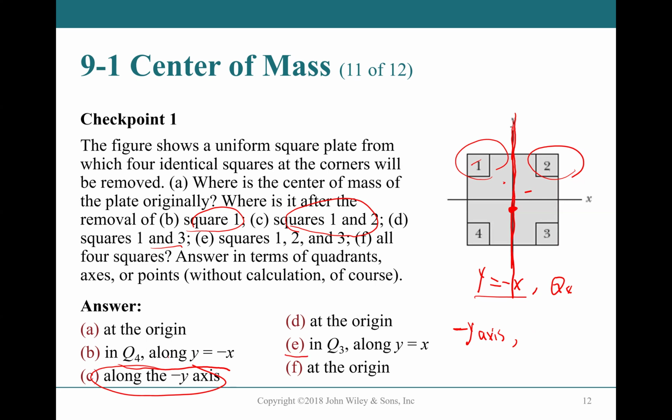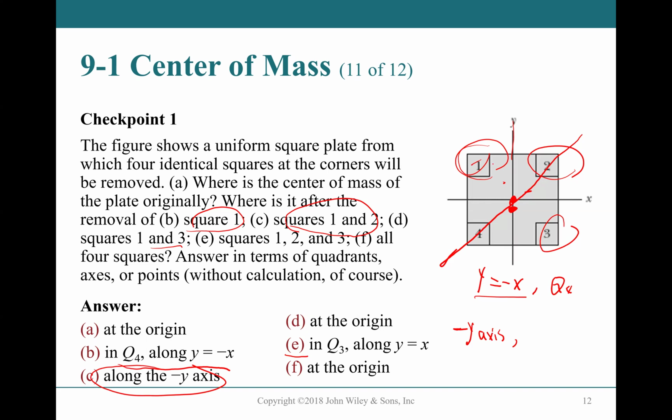E is very similar to B, and for D, you are removing 1 and 3. So with 1 and 3 removed, the object is symmetric about this line here, and the center of mass, because it's removed symmetrically, should be here.